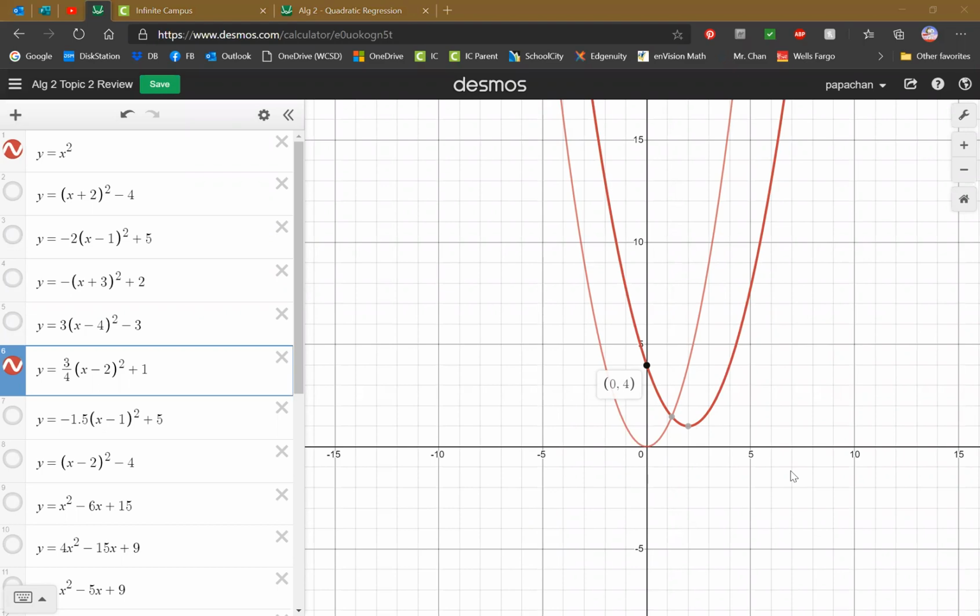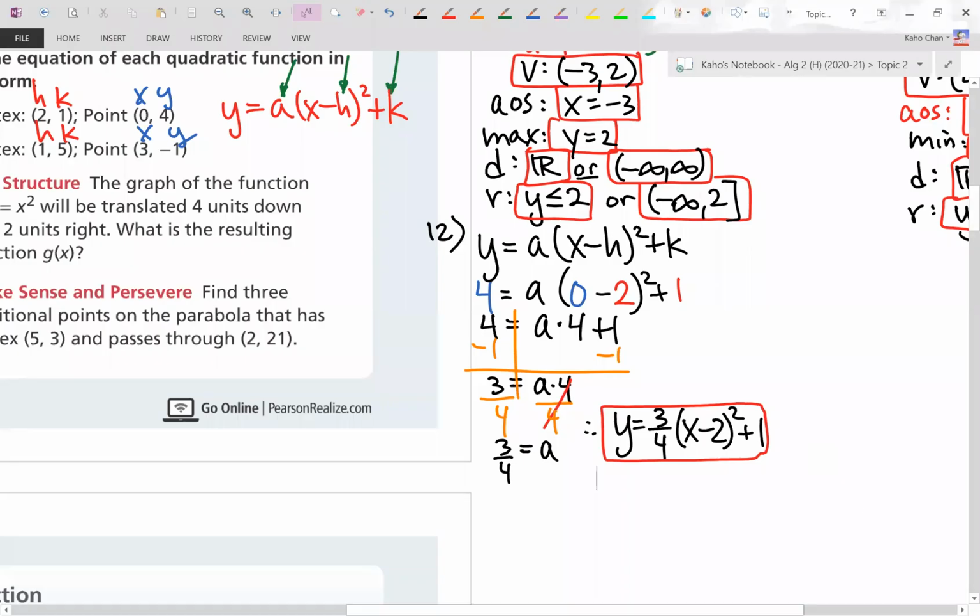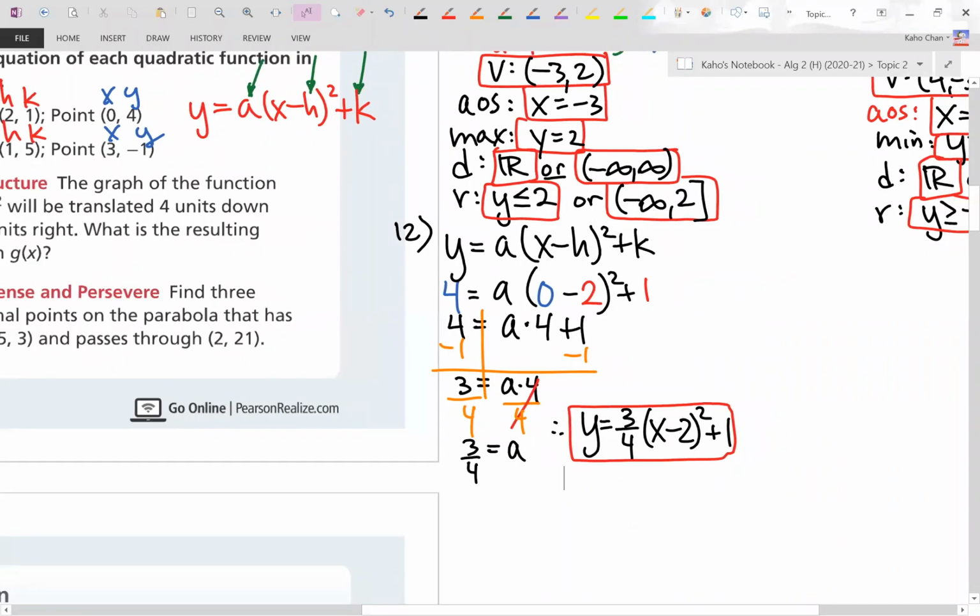Let's go ahead and do number 13. Same process. y equals a times x minus h squared plus k. This time we have a couple of different points. 3, -1 goes in for x, y. 3, -1, great.